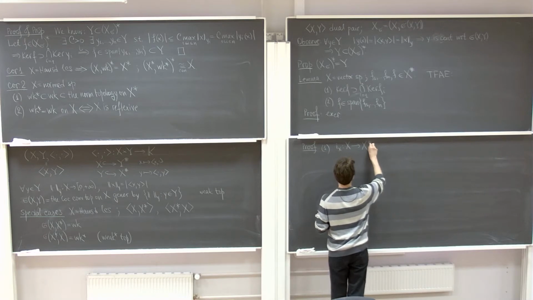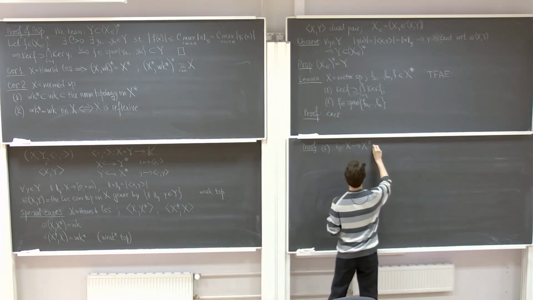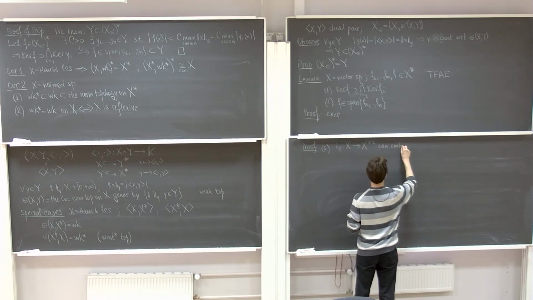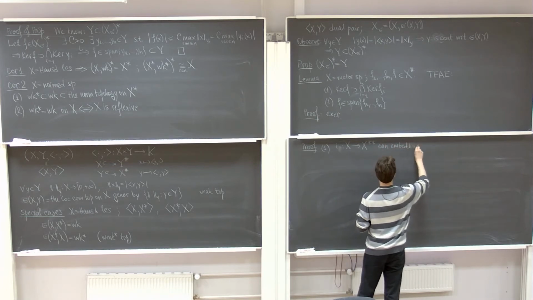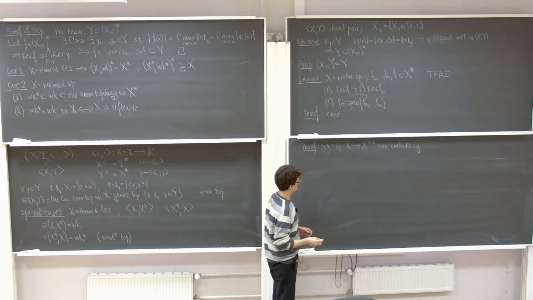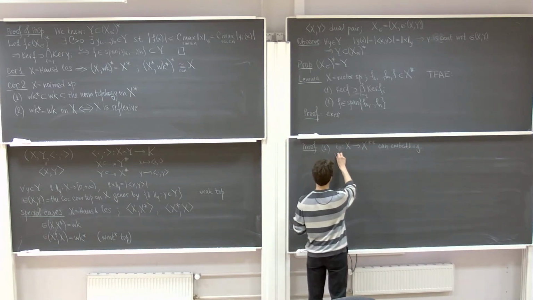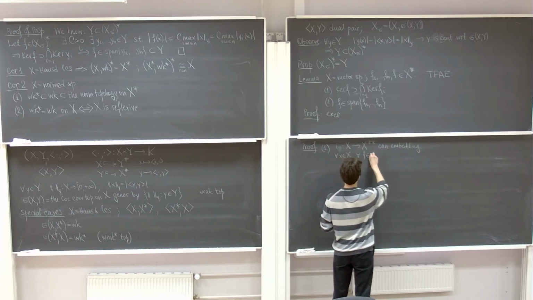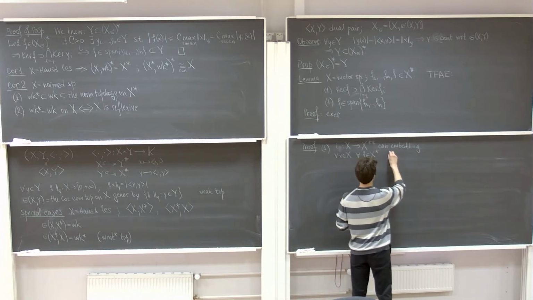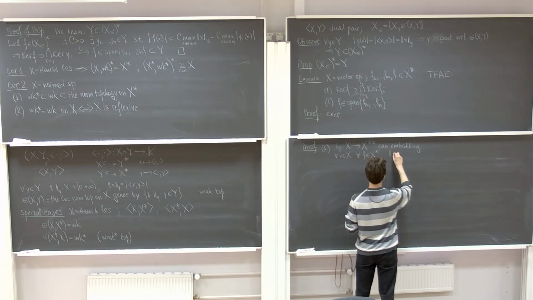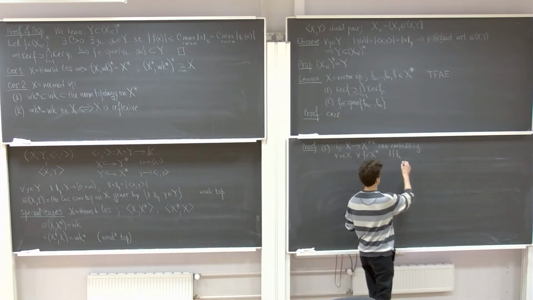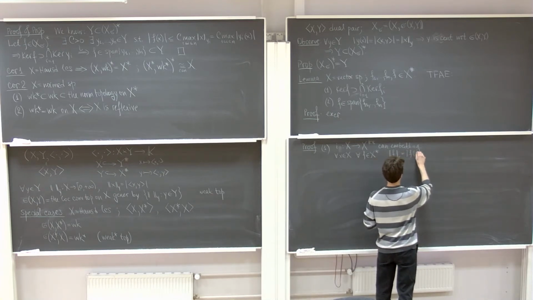Let's denote it just by I. So we observe now that for each x in X and for each f in the dual, the seminorm on X star, so one of the seminorms which generates the weak star topology can be written as follows.